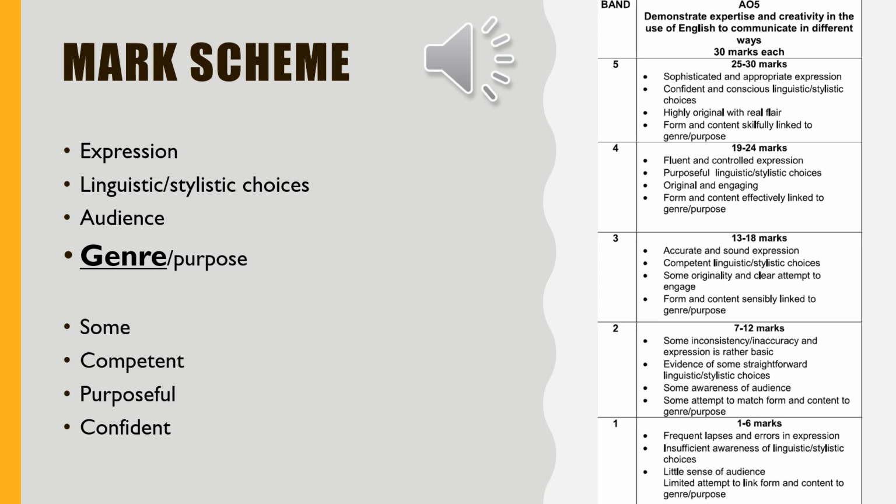They also repeatedly flag up linguistic and stylistic choices, and that's the English language bit of it, really. It's things like, have you deliberately used, I don't know, oxymorons, metaphors, similes, hyponyms, archaisms? Have you specifically considered the individual language choices, the grammatical choices you've made, the types of sentences, active, passive voice, first, third, second person?